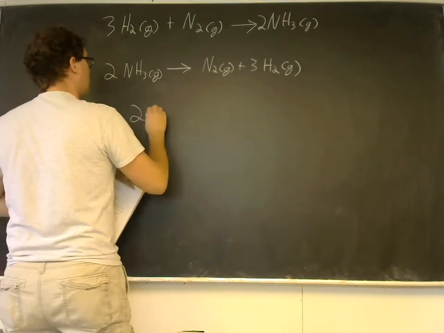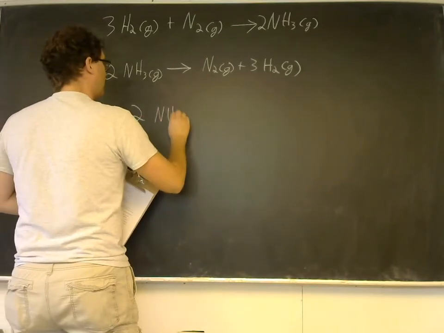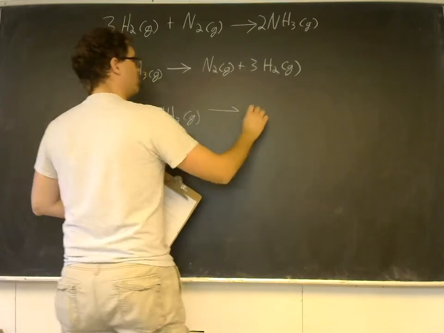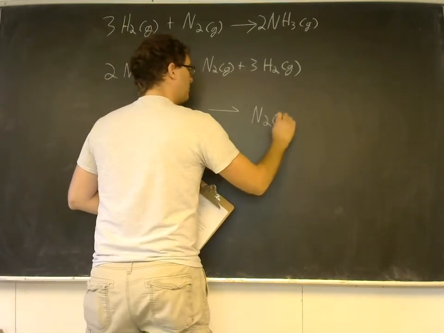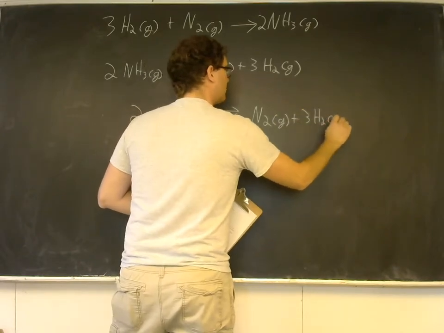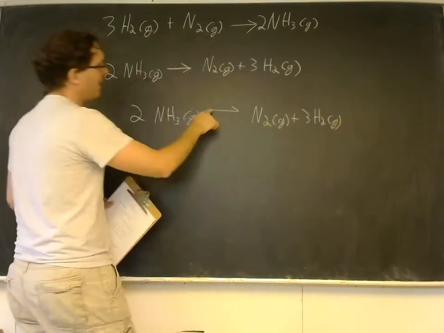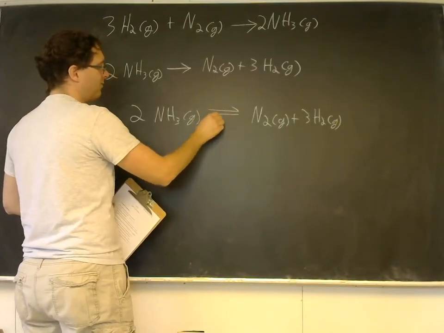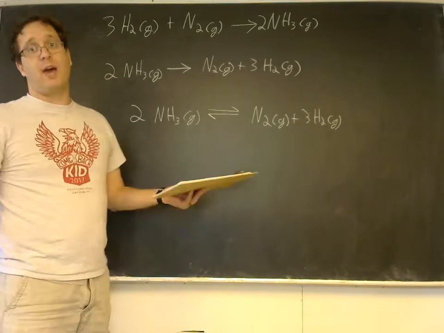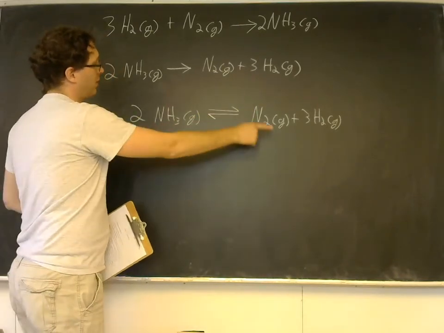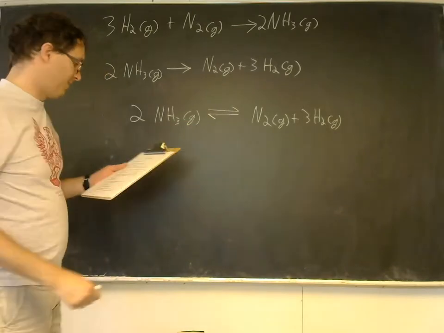So we'll say 2 NH3 gas goes to N2 gas plus 3 H2 gas. Only instead of having a reaction arrow that goes only forward, we'll do this double-headed arrow that indicates that it could go both directions, both forward and reverse. And this is an equilibrium.